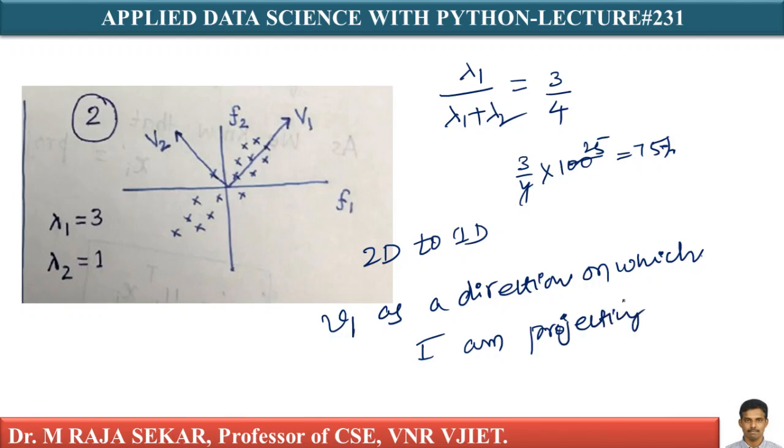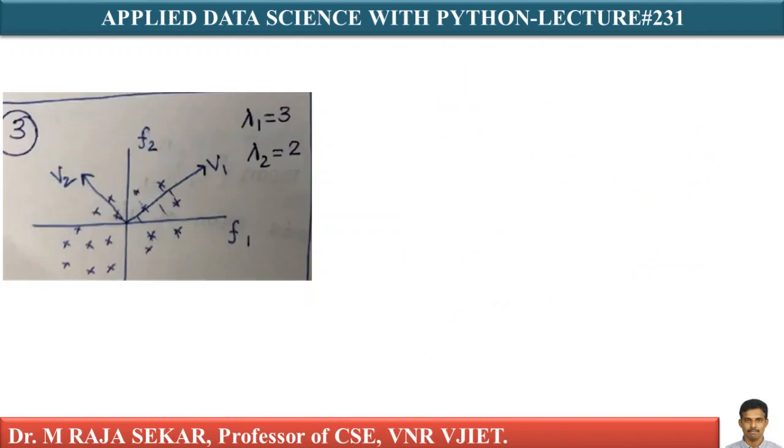I am going to retain 75% of the information content. That means I am going to lose 25% of the information if I convert this 2D to 1D.